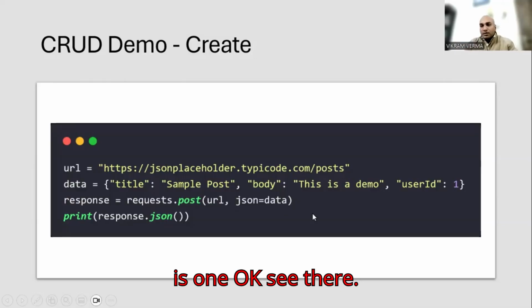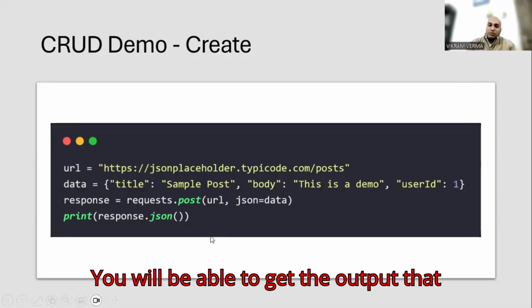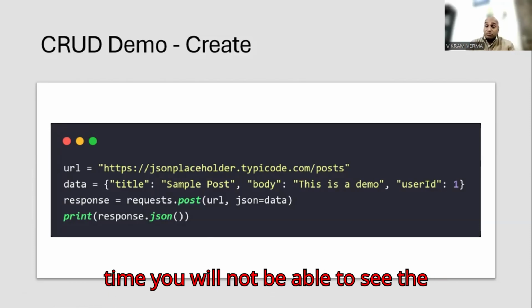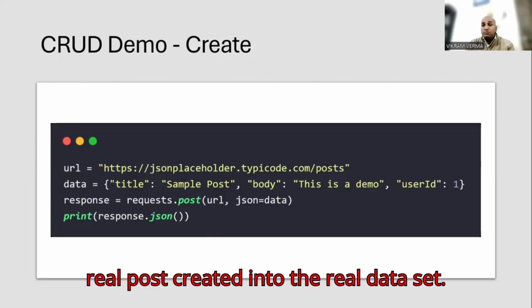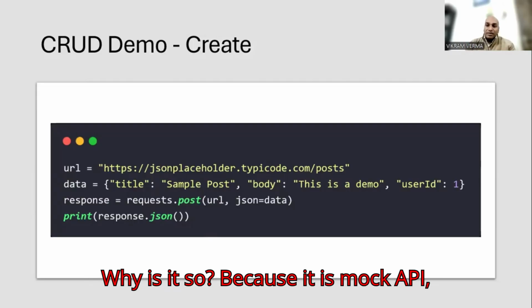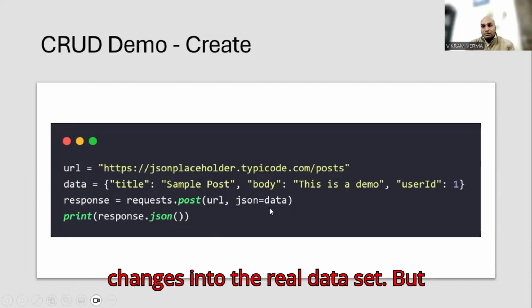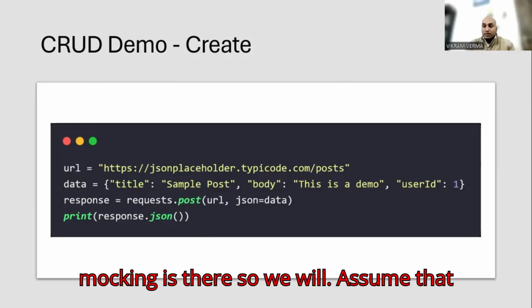See, there you will be able to get the output that the post has been created, but at the same time, you will not be able to see the real post created in the real data set. Why is it so? Because it is a mock API.